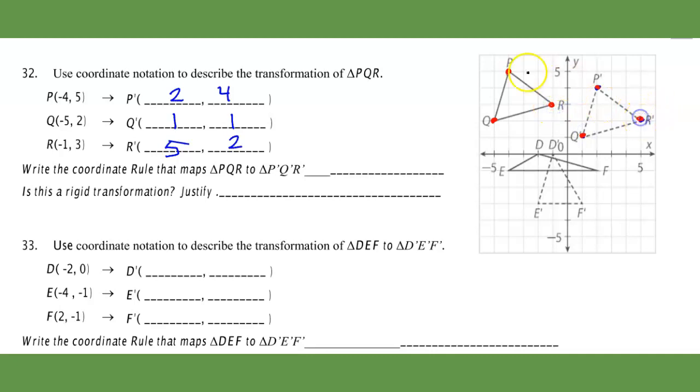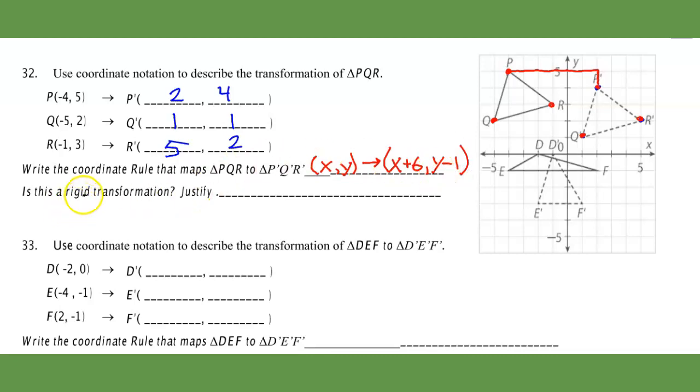So they all seem to be sliding 1, 2, 3, 4, 5, 6 to the right, and then 1 down. So my notation will be, starting with x and y, it maps to x plus 6, takes each x coordinate, adds 6 to it, and then 1 down. So we're going to take each y coordinate and subtract 1 from it.